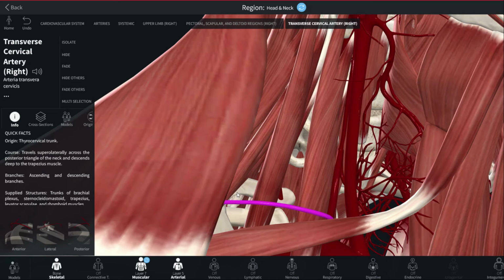Now the transverse cervical artery obviously has two parts, the superficial part and the deep part. So the superficial transverse cervical artery is considered as a part of the occipital triangle. Okay, and it is also a part of the subclavian triangle, because as we can see it is very close to the base, so a part of the subclavian triangle as well, right?